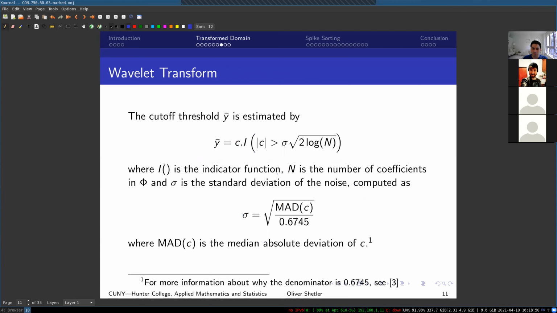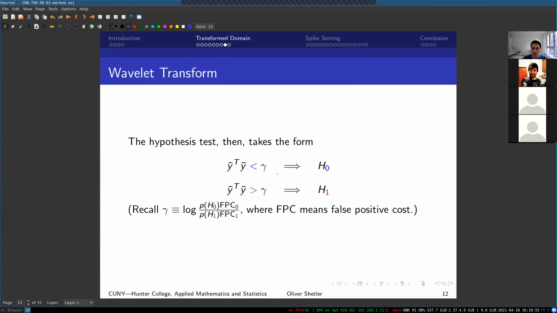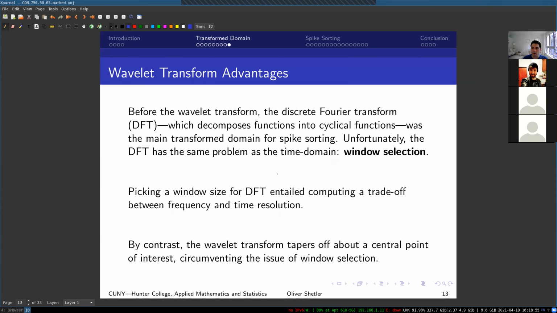And so that makes it really convenient because you don't have to pick a window size, which can often be a very arbitrary thing to do. So as you can see, this is very useful for spike detection. And we'll see later that it also tends to be very useful for spike sorting approaches.